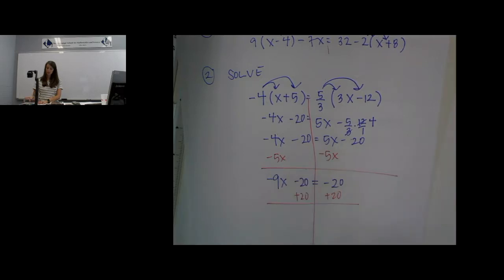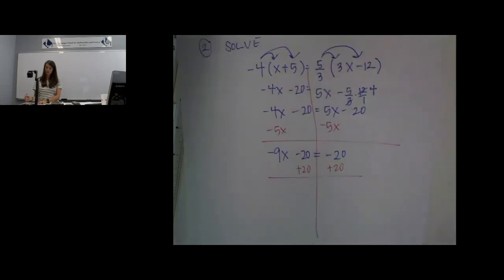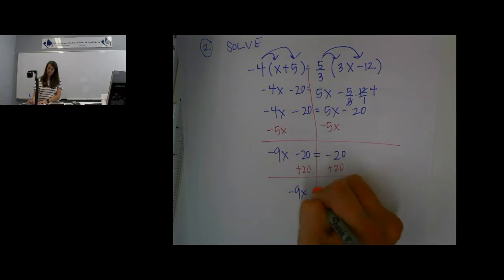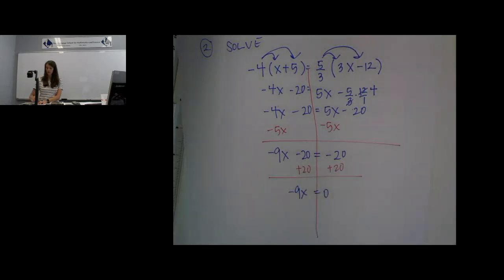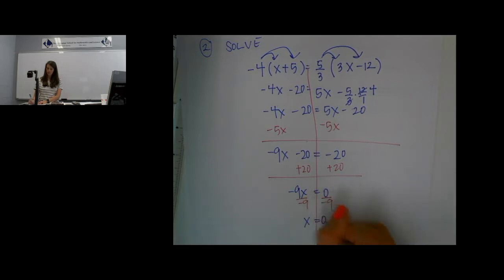So you're going to get negative 9x is going to be equal to 0. Divide both sides by negative 9. So x here is going to be equal to 0. Okay, so that is solving equations. It's a review of what we went through yesterday. Okay?